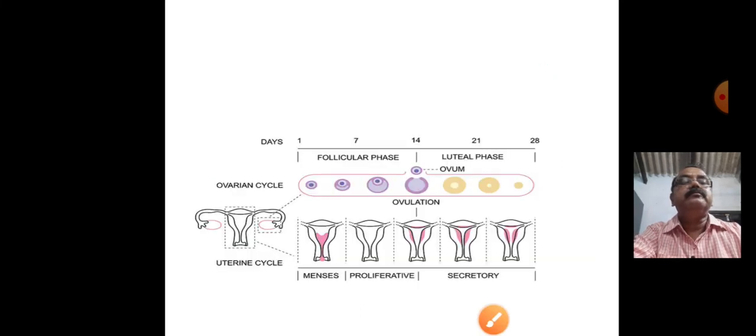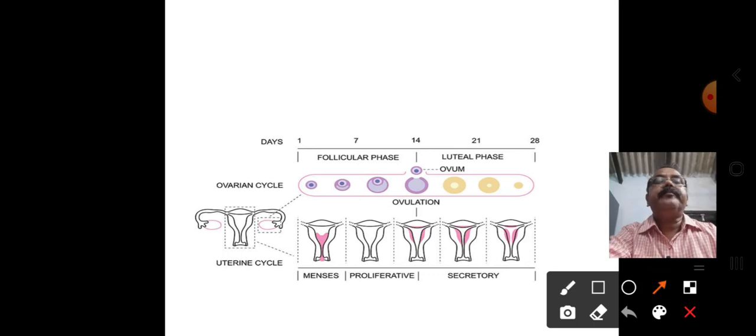Here is the picture showing the phases. One is the ovarian cycle, then this one is the uterine cycle. The ovarian cycle takes place in the ovary. Here the ova is produced and ovulation takes place on the 14th day.